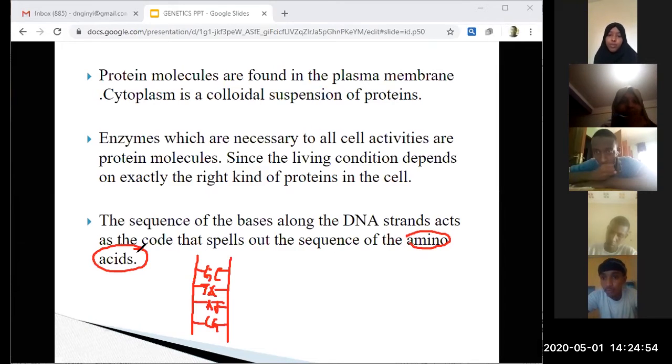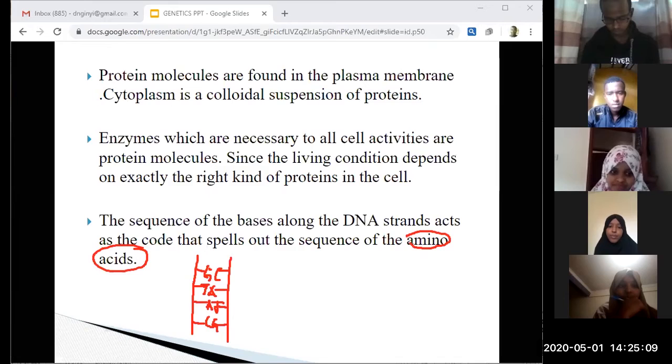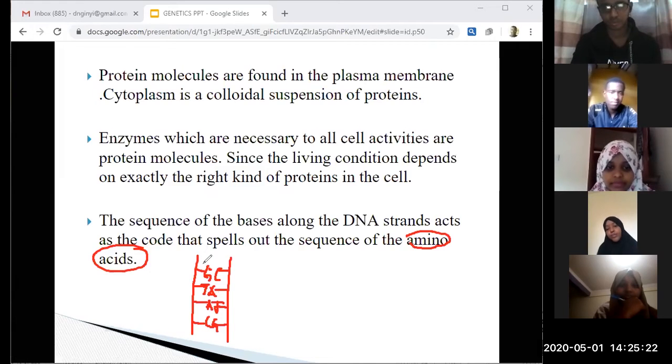So when proteins are being synthesized, amino acids are held together, or they combine through a process we call condensation to form more complex protein molecules. And these protein molecules are made up of what we call peptide chains. So what happens as far as the DNA and the protein synthesis is concerned?